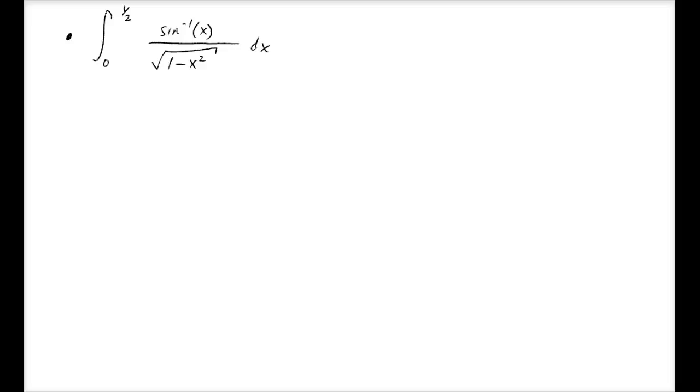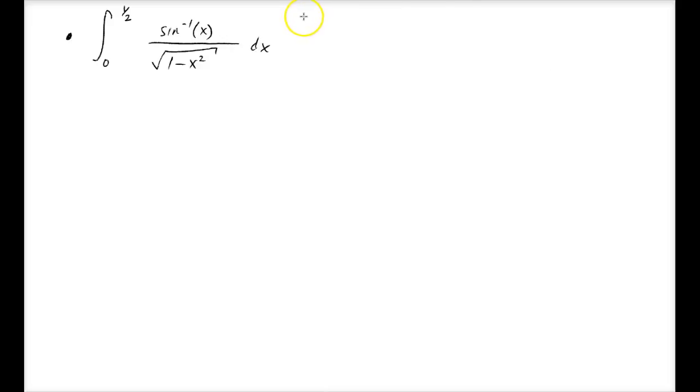And it actually turns out that if we take the derivative of sine inverse of x, that's actually 1 over square root of 1 minus x squared here. Okay, so we know that there's a direct link. So this is going to be pretty clean when we do the substitution here.